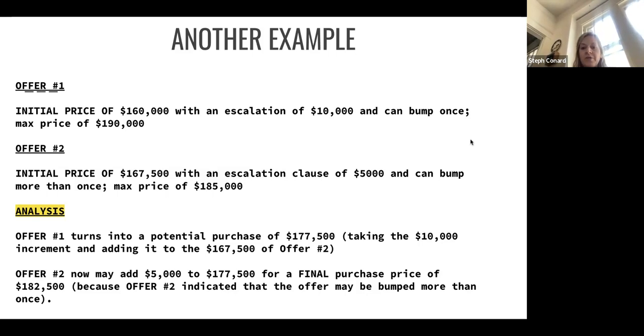Because offer number one only had that incremental amount of $10,000 and, more importantly, only had the ability to bump once, their final purchase price was only going to be $177,500 if you exercised the escalation clauses. But because number two had the ability to bump more than once, we were able to take that $5,000 and tack it on to that $177,500 and give a higher purchase price of $182,500.